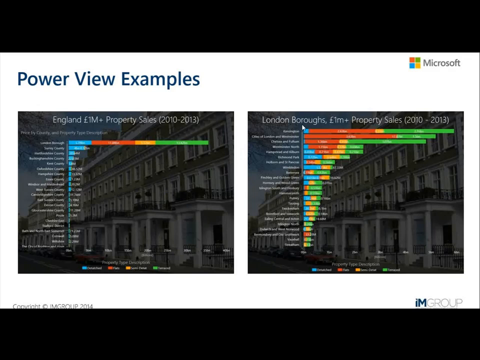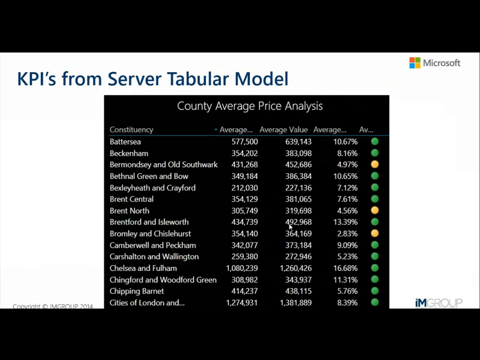When I drill into London, you get the chart on the right, showing that the bulk of that is made up of Kensington, City of London, Westminster, so the central area, and Chelsea and Fulham. I guess hardly surprising there as well. Here's an example where I've surfaced some KPIs that are in our data warehouse as fully formed KPIs in a tabular in-memory model.